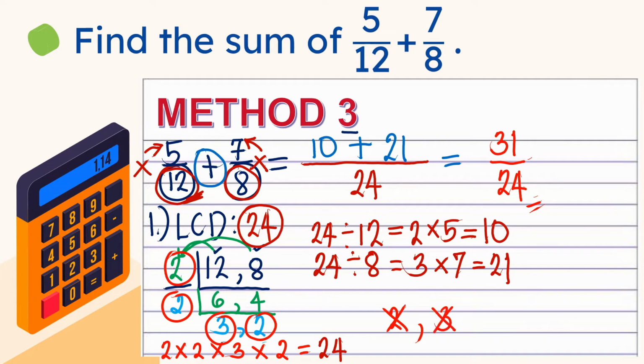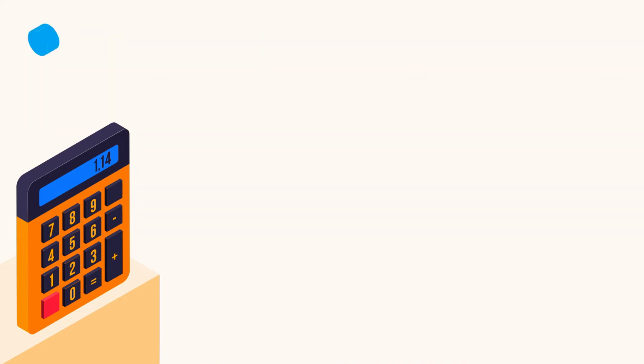Hindi rin pwede. How about 4? Hindi rin pwede. How about 5? Hindi pwede. How about 6? Hindi pwede. How about 7? Hindi pwede. Wala na tayong number na pwedeng ma-divide sa 31 and 24. Therefore, this is already your final answer.